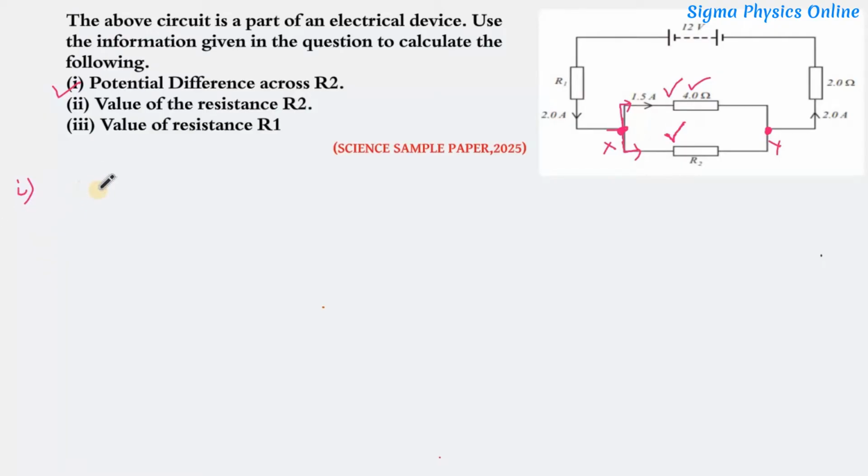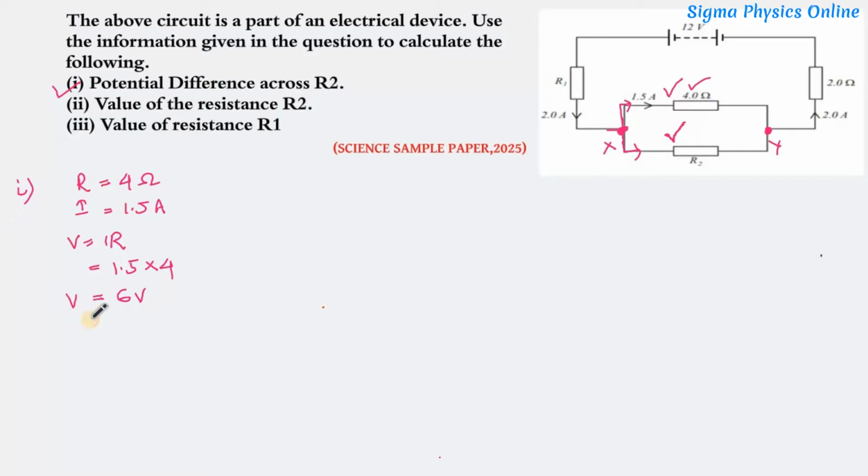For the 4 ohm resistor, the resistance given here is R is equal to 4 ohm and the current given is 1.5 ampere. So the potential difference we can find out using Ohm's law, that is V is equal to IR. I is 1.5 and resistance is 4 ohm, so the potential difference is 6 volt.